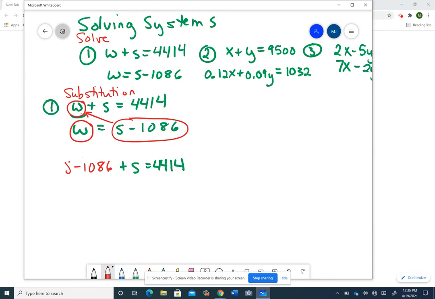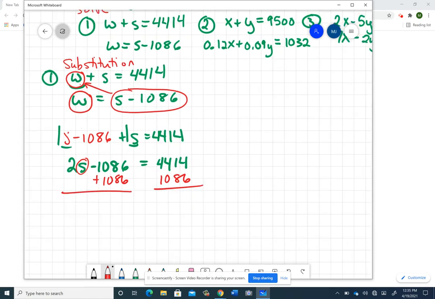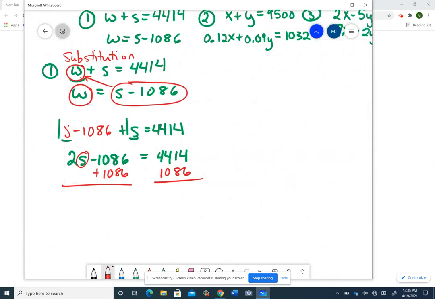All right, now these are on the same side of the equal sign. So I've got 1S and then another 1S. That's 2S minus 1,086 that equals 4,414. Okay, I need to get the S by itself, so I'm going to add 1,086 to both sides. Then that leaves me with 2S equaling 5,500.